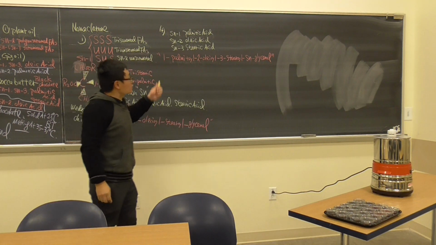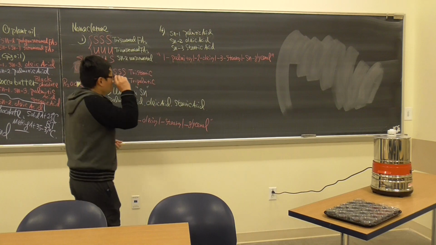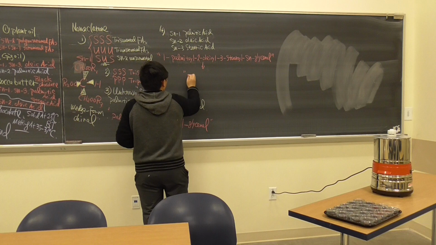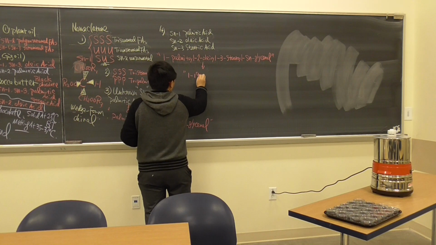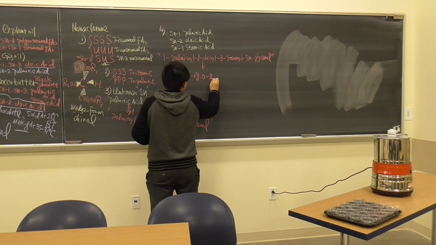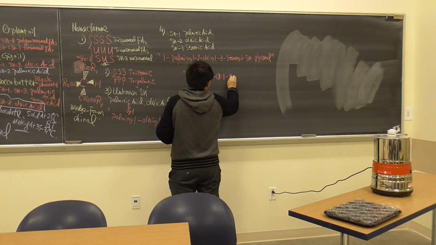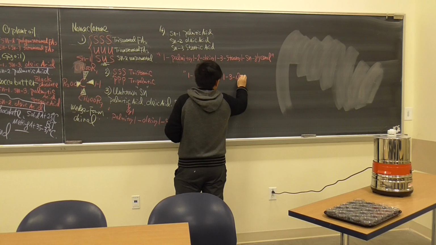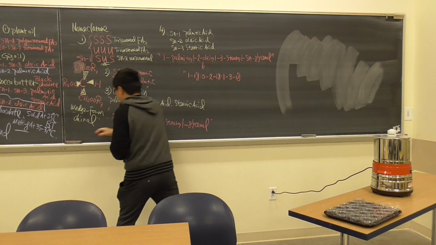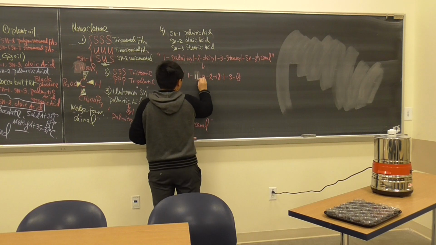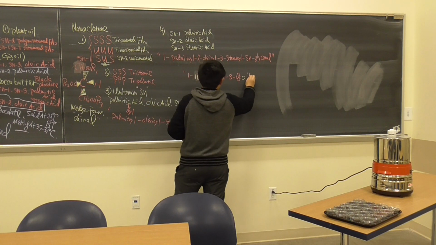Okay, now people think this is too long. We don't want it that long. We could do 1, 2, 3. That's 16. The palmitic acid is 16. 16, and this is 0.